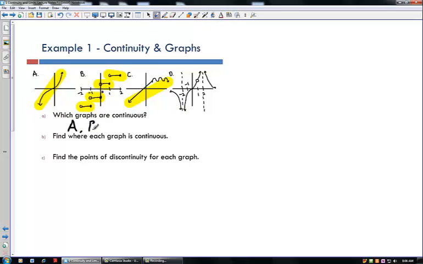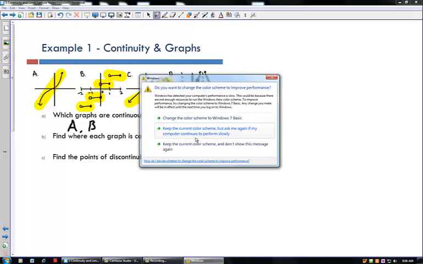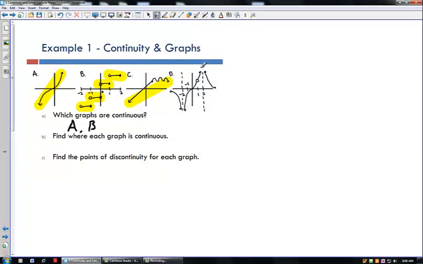And of course, D is not continuous, and there are several reasons for this. When you try to trace the graph all the way down here, you have to jump over the vertical asymptote to get to the other side. Then you go up, and there's a hole right here, so you have to jump over the hole to get to the next side. And then keep going up, then another asymptote, and jump to go down. So D is a discontinuous graph of a function.